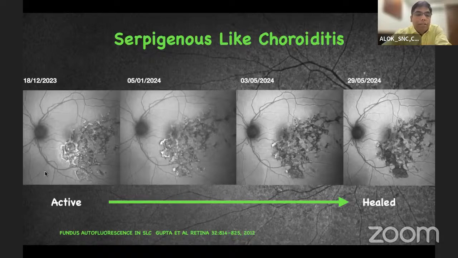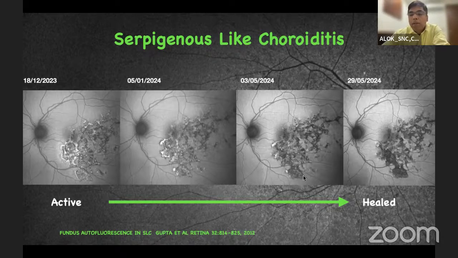The active disease will usually appear as a hyperautofluorescent halo at the margin, as you can see in the first figure. And this slowly turns into a very distinct hypoautofluorescent margin. And the inner aspect is predominantly hyperautofluorescent as the lesions start healing.